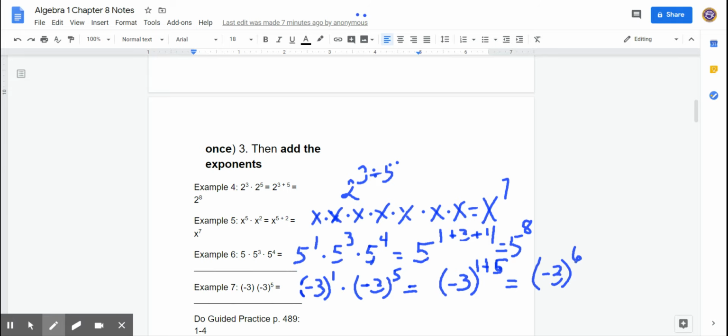That answer is going to be positive because you have an even number of negatives. -3 times -3 times -3 times -3 times -3 times -3. A negative times a negative, remember, is a positive. So if you have 2 negatives or an even number of negatives, your answer is going to be positive.